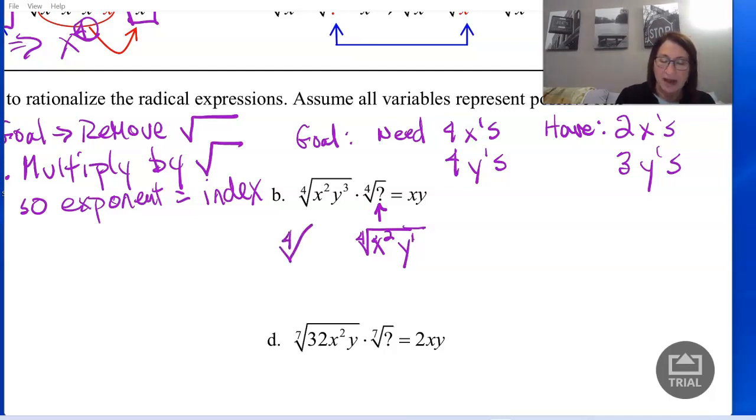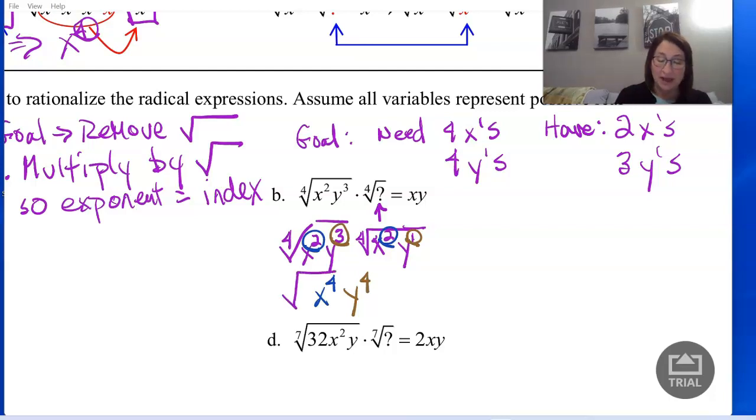Because here's what I've got, 4x squared y cubed. Now when I add 2 plus 2, that's going to give me x to the 4th. When I add 3 plus 1, that's going to give me y to the 4th.